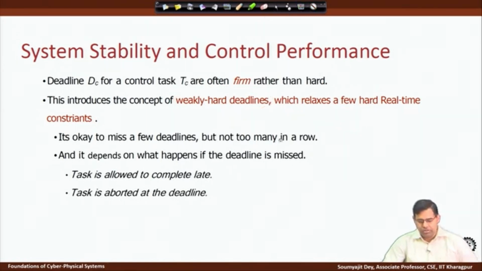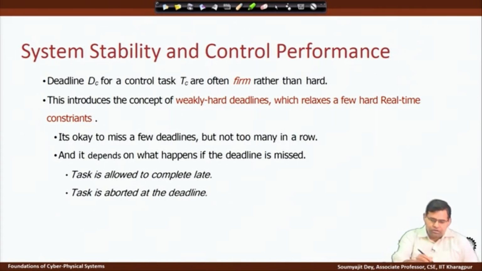Let us come back to our simplistic case where we are talking about firm deadlines. If a deadline is missed, it is an issue for the controller. We are assuming the design is such that the deadline is not missed, and the controller always finishes its task inside the deadline and then waits. Once the time DC is gone, the actuation task will be triggered exactly at that point, and the control update will happen.